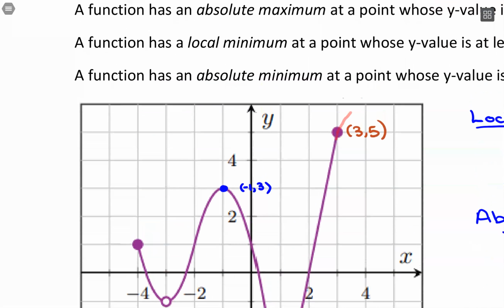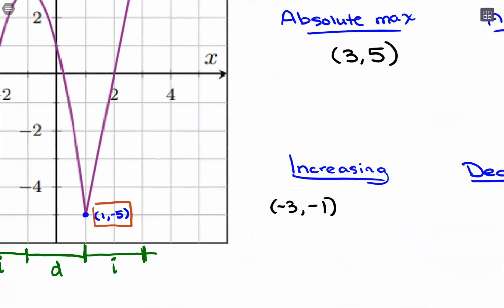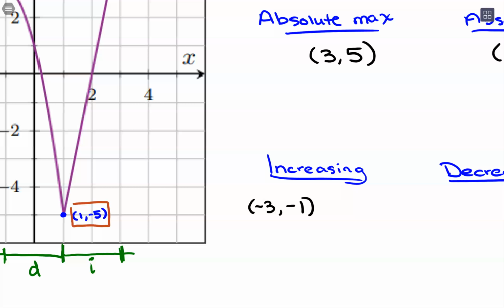We don't know what happens beyond this, so our increasing is going to stop right before that point there. So we're not going to include the endpoints. So when I want to include another interval, I'm going to use the union symbol to show that I'm also going to include from x equals positive 1 to x equals positive 3.